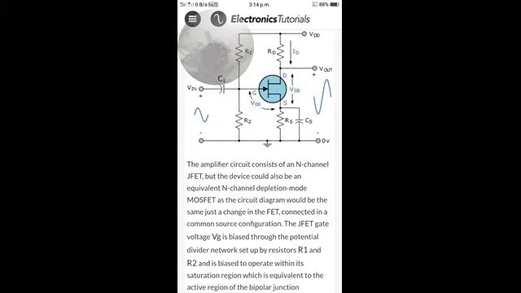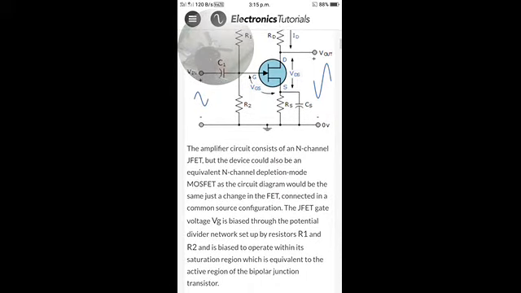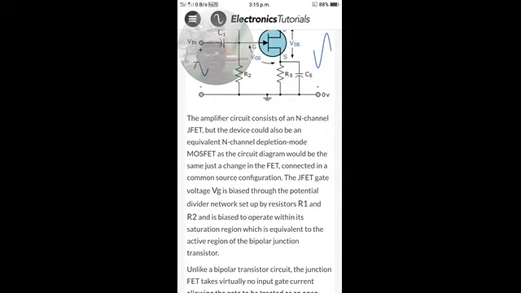The JFET gate voltage VG is biased through the potential divider network set up by the resistors R1 and R2, and is biased to operate within its saturation region, which is equivalent to the active region of the bipolar junction transistor.